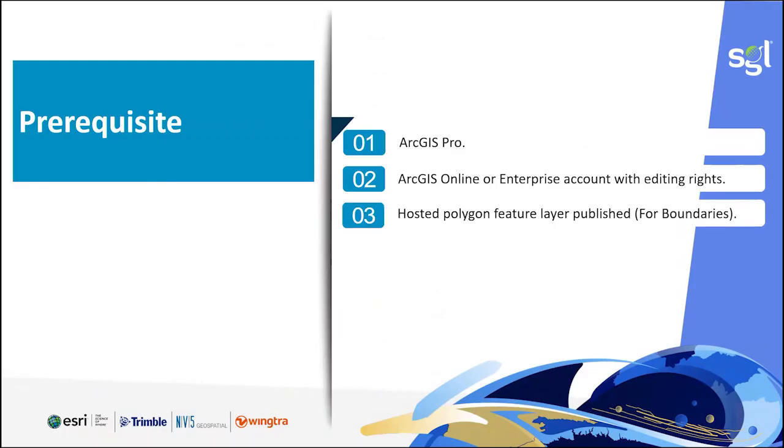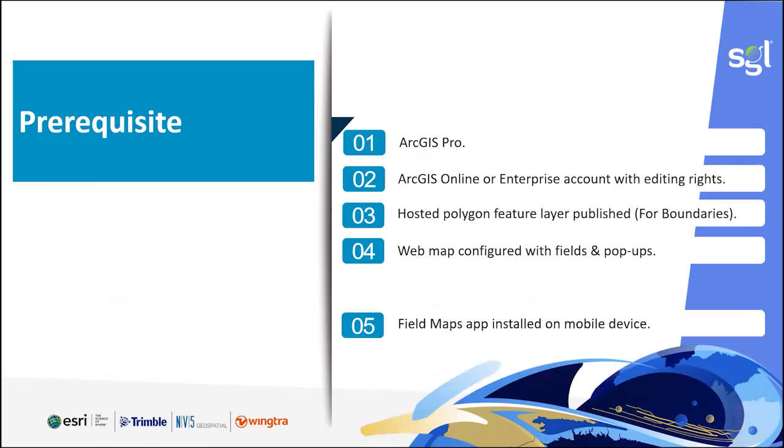Then hosted polygon feature layer published. That's going to come with the web map we're going to share to the web. Then web map configured, configuring pop-ups for our field. Anyways, this can either be done via the ArcGIS Pro, or it can also be done on the web GIS.